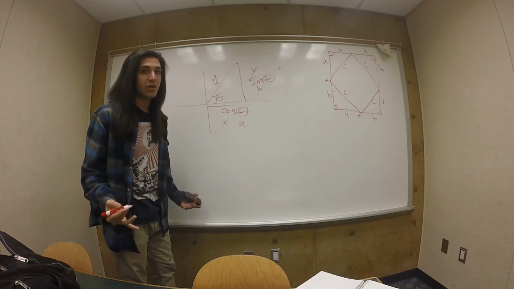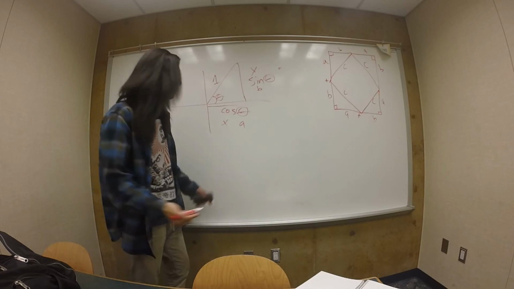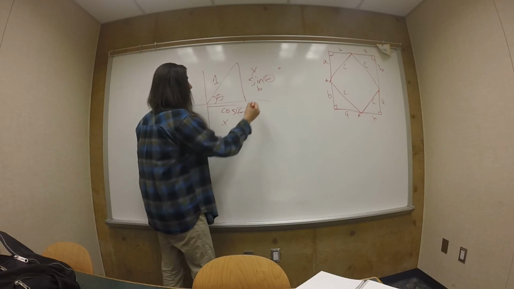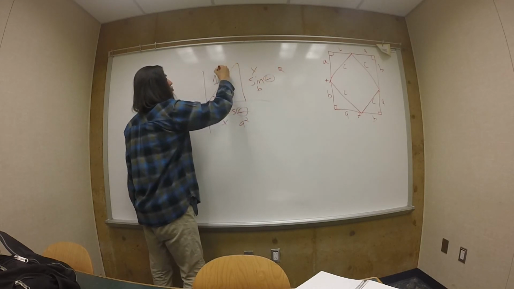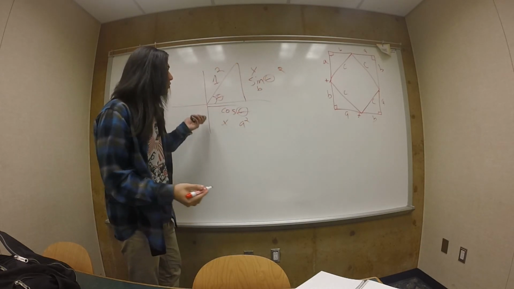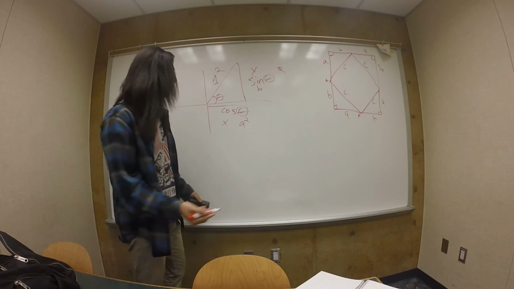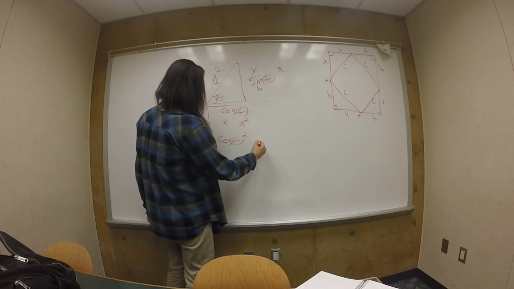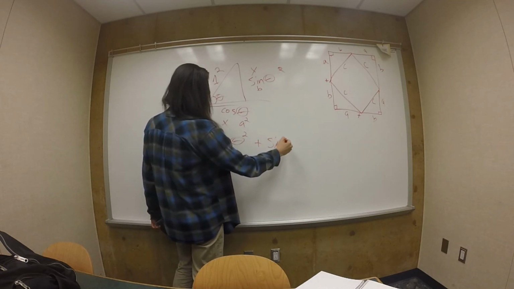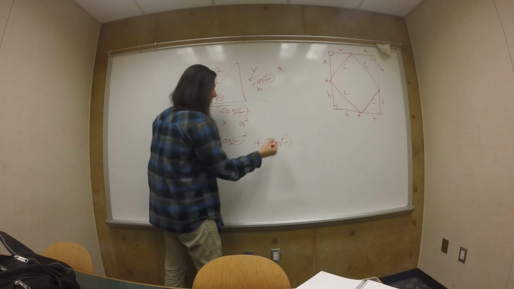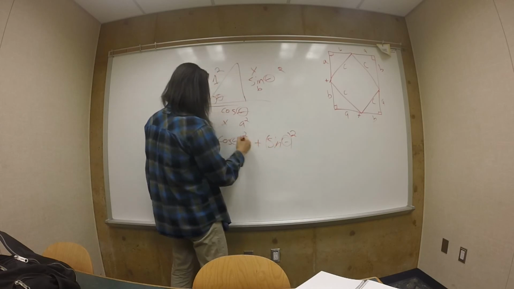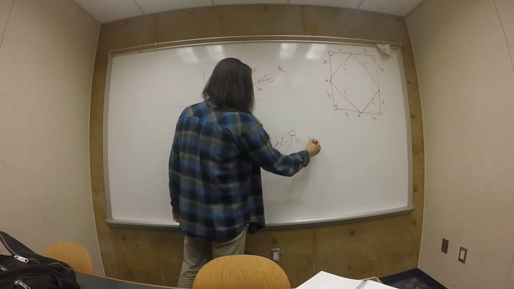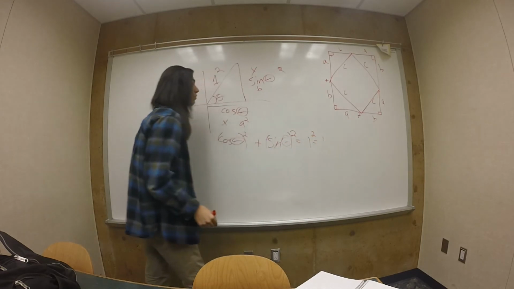What's the Pythagorean theorem? Squared, squared, squared. That's why it even works on the Pythagorean identity. Cosine squared theta plus sine squared theta equals 1 squared, which is 1.